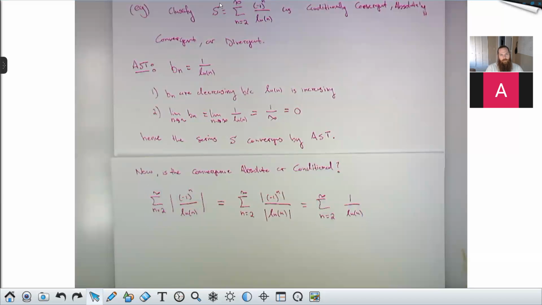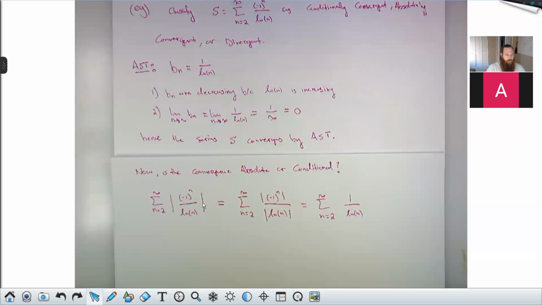Then that would mean that the original series S is conditionally convergent, because we've already shown that S converges. It can't possibly be divergent. But if the corresponding absolute value series is divergent, that's precisely what it means to say that S is conditionally convergent. Convergent, but not absolutely convergent.